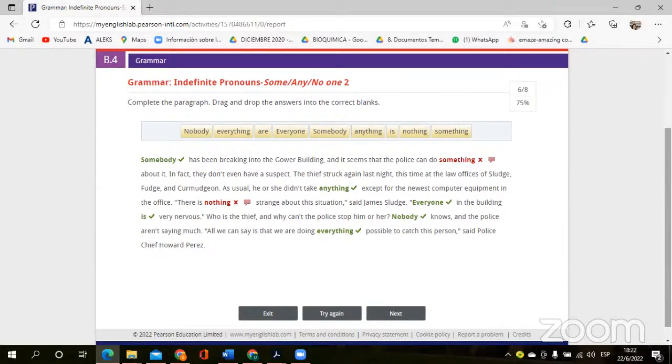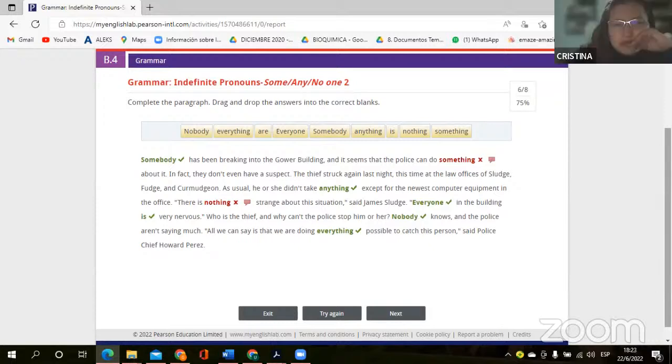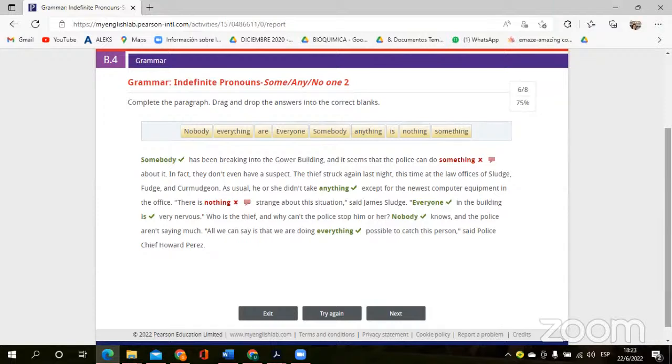And it seems that somebody has been breaking into the building. And it seems that the police can do something about it in fact, or the police can do nothing about it in fact. No pudieron hacer nada, ¿no? And the other is there is nothing, there is something.